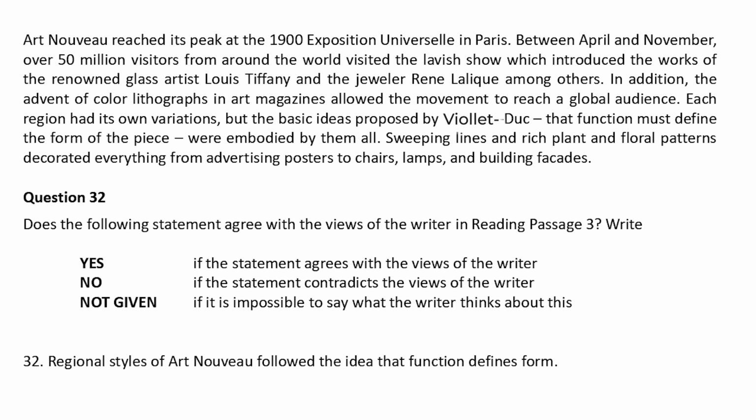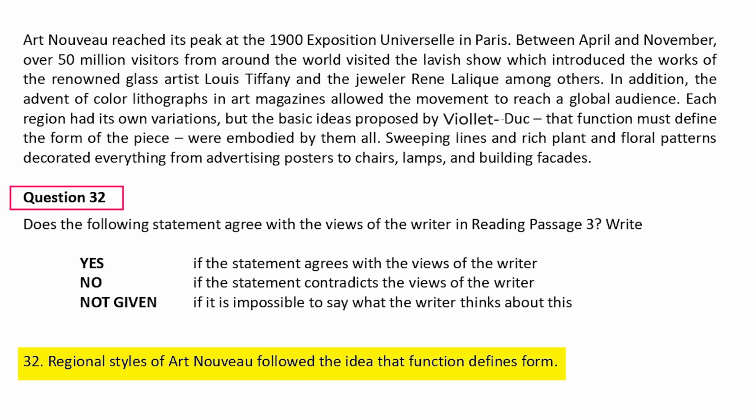Let's take a look at question 32. Regional styles of Art Nouveau followed the idea that function defines form. This question brings us back to a key idea mentioned earlier in the passage, specifically the ideas of the French theorist Eugène Viollet-le-Duc.